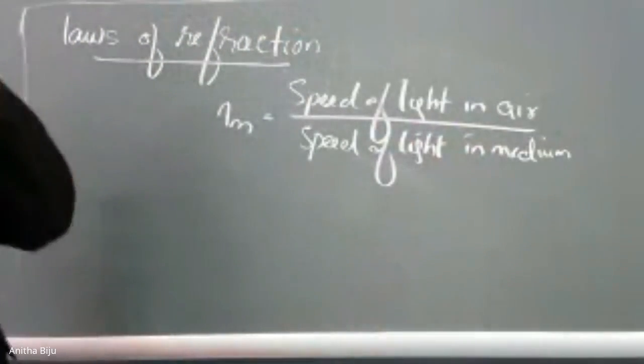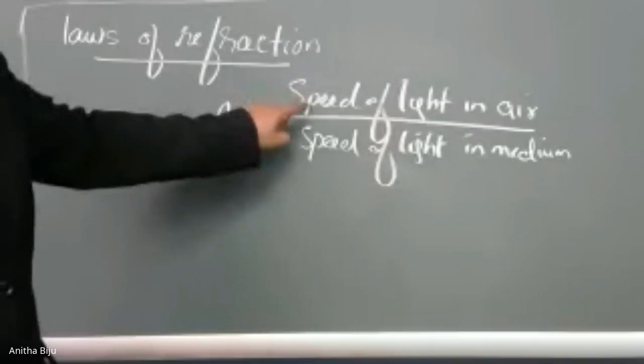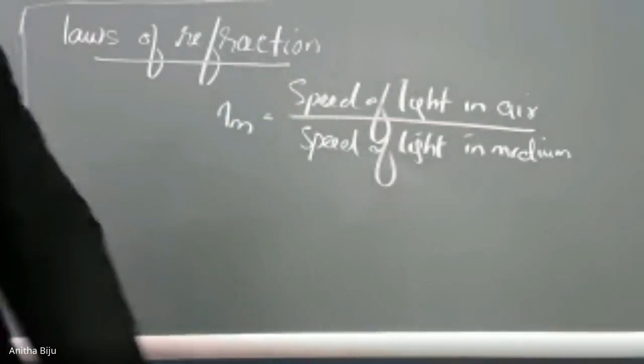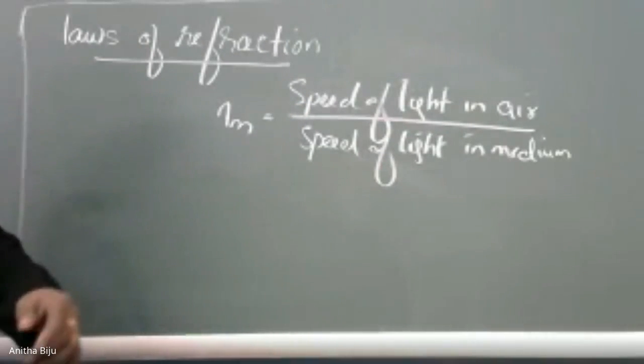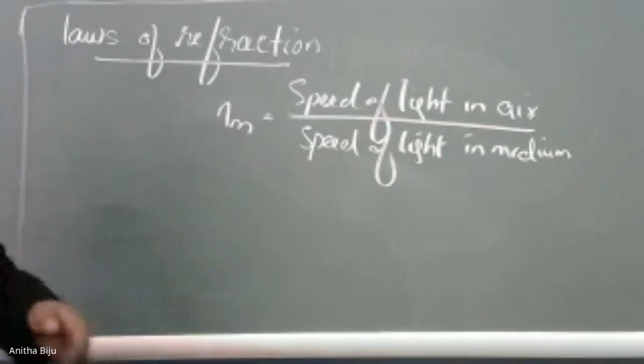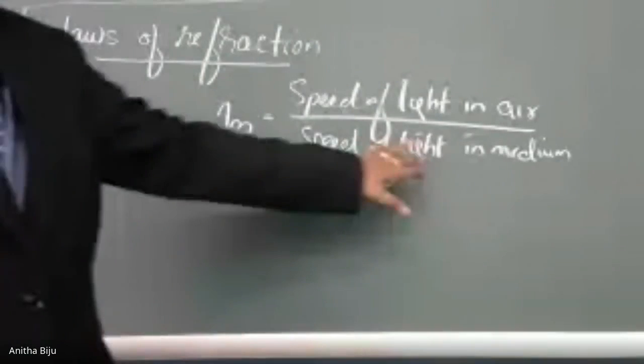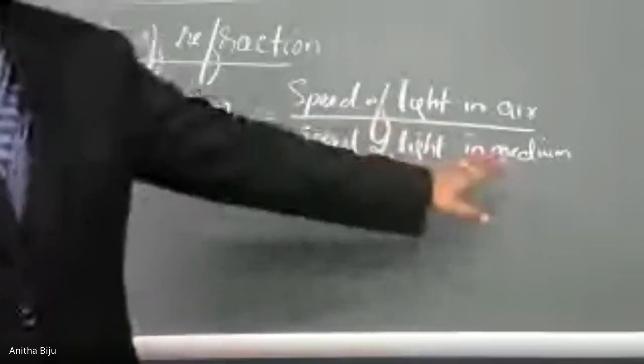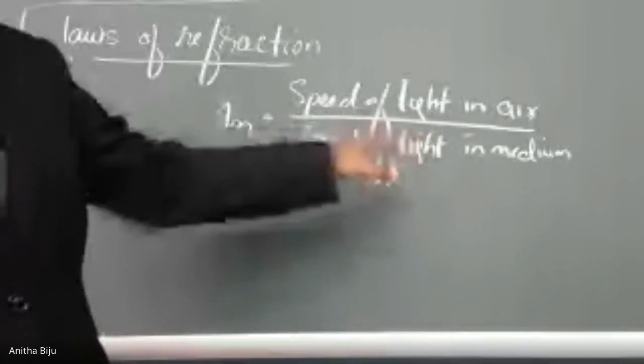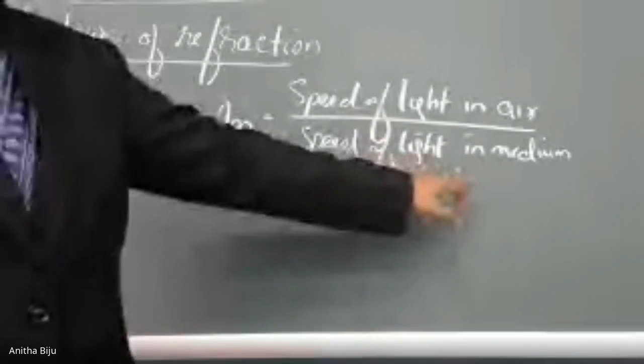So in the case of absolute refractive index, the first medium is fixed. Which medium is fixed? Air is fixed. And which medium can change? If you want to calculate the refractive index of glass, you have to substitute the value of the speed of light in glass.